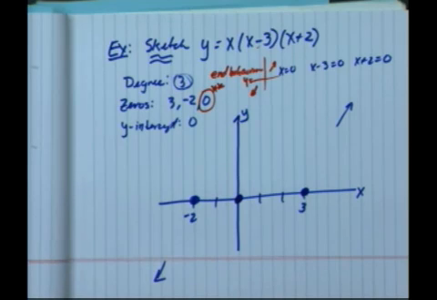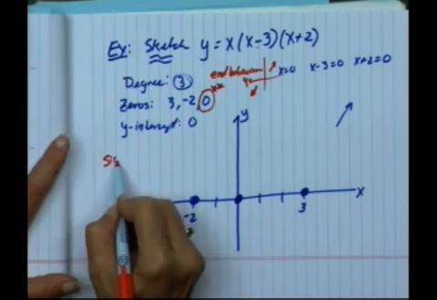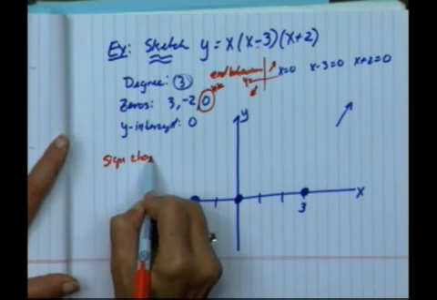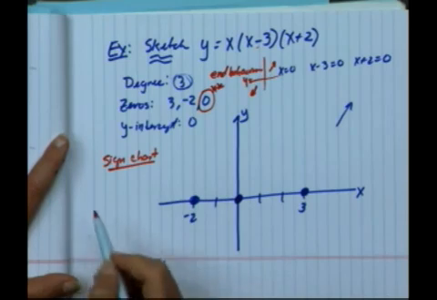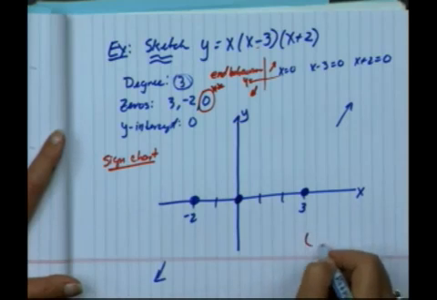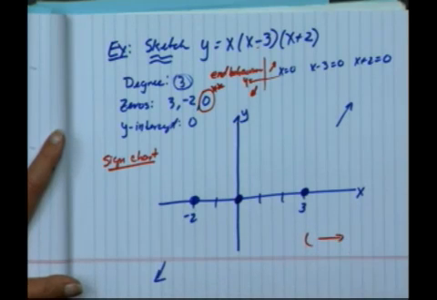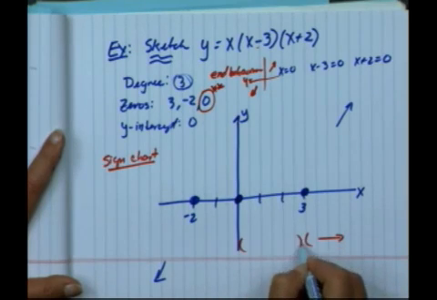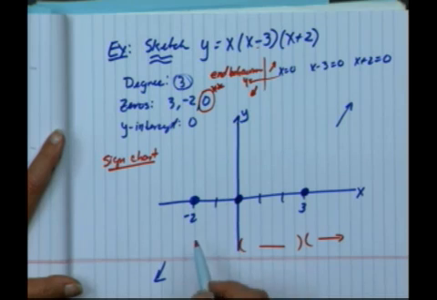Okay, now I like to do what's called a little sign chart. And a sign chart just says, I'm going to break up this graph when x is bigger than 3, when x is between 0 and 3, when x is between -2 and 0, and when x is less than -2.